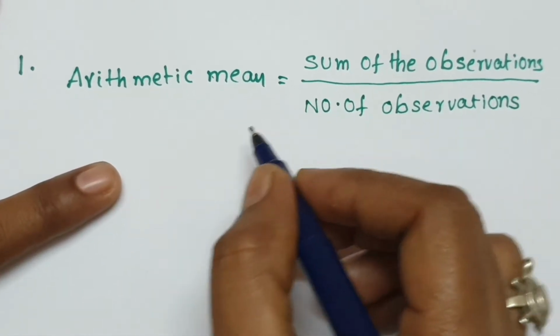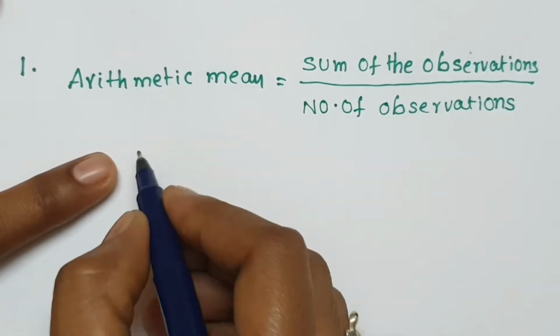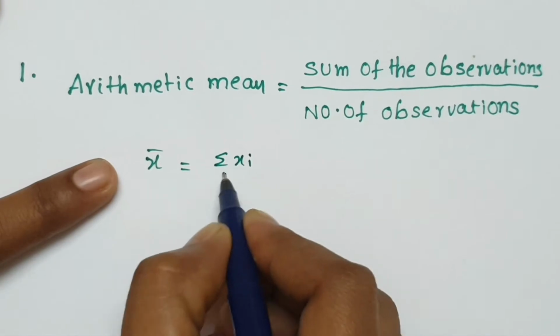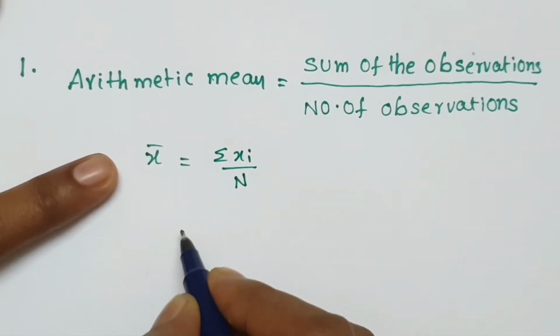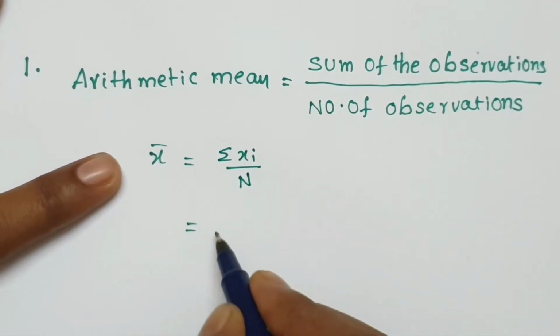Arithmetic mean, AM, equal to sum of all observations by number of observations. Otherwise x bar equal to sigma xi by n. Sigma means sum of all observations.